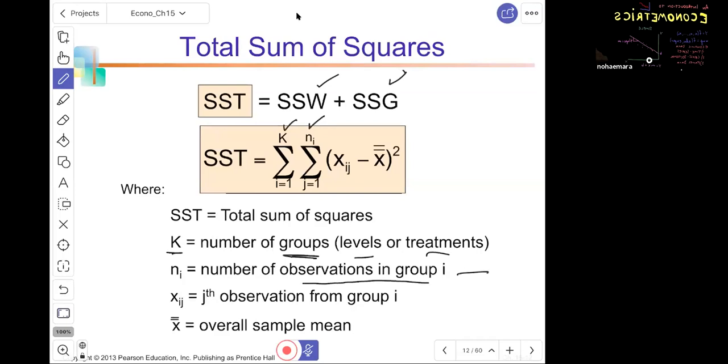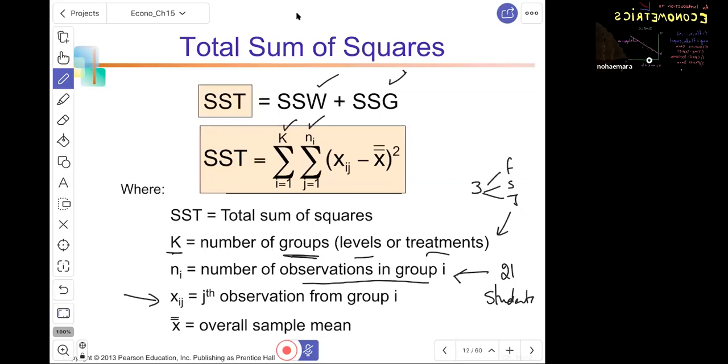In the example I gave you, I have 21 students and I have 3 groups: the freshmen, the sophomore group, and the junior group. So K stands for how many groups you have, and N stands for the total number of observations.